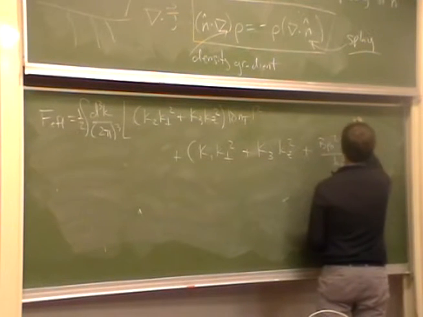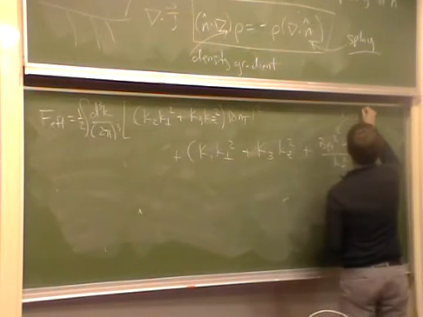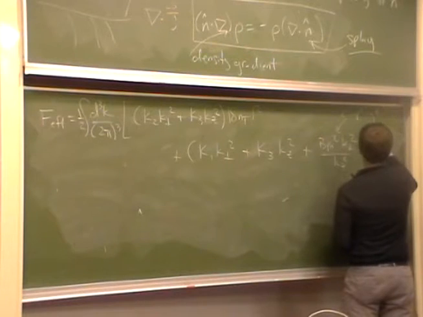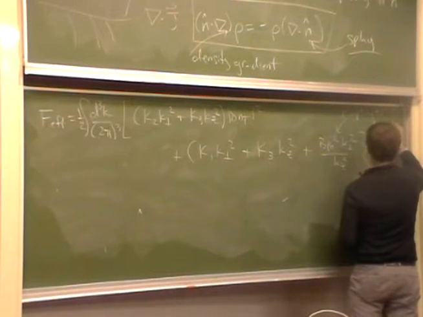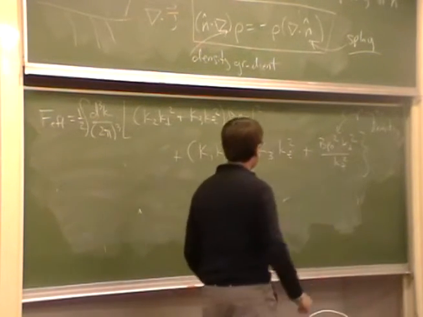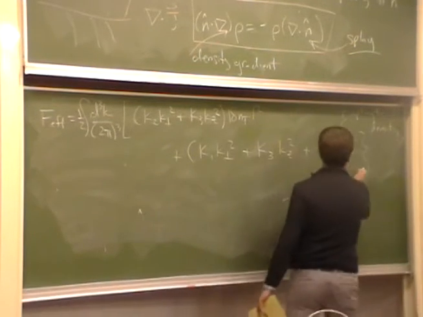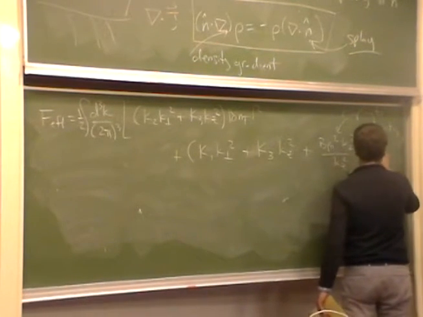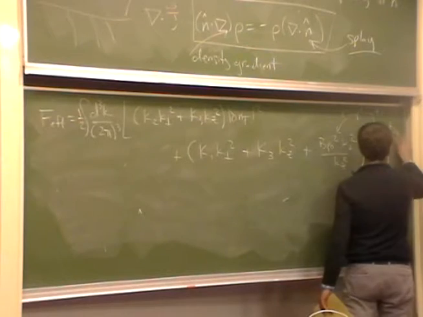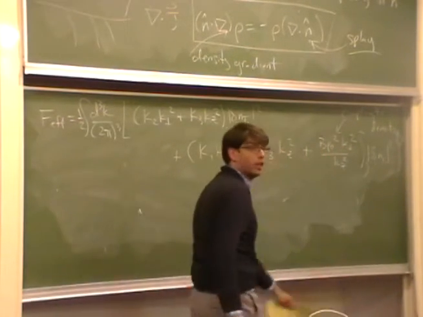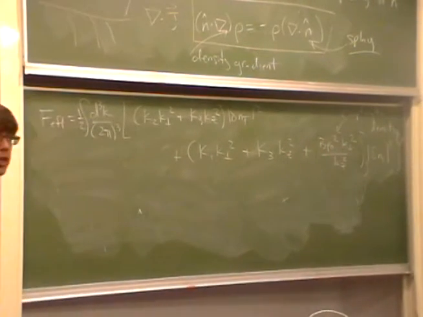So this is from the coupling to density. Sorry, I'm missing something over here. This is all multiplied times the amplitude of the longitudinal fluctuation.